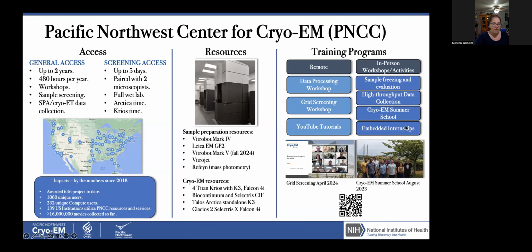We have multiple scopes, of which we have 4 Krios with K3s as well as Falcon 4i cameras. We also are awaiting the allowance of our Glacios 2 microscope. That's our newest microscope, and also our other screening microscope is our Arctica.